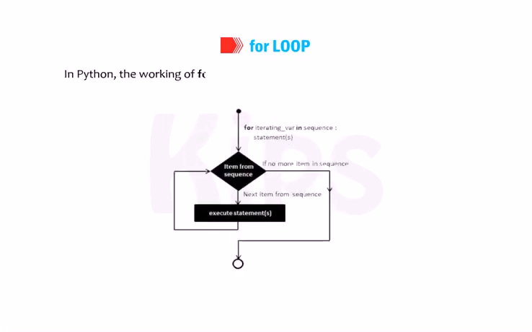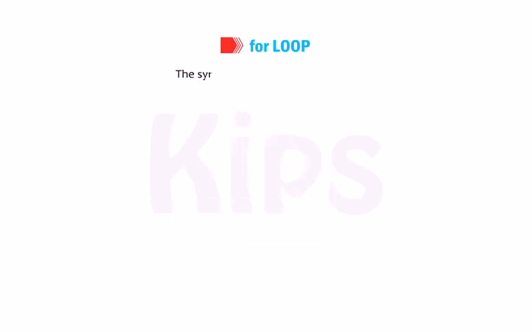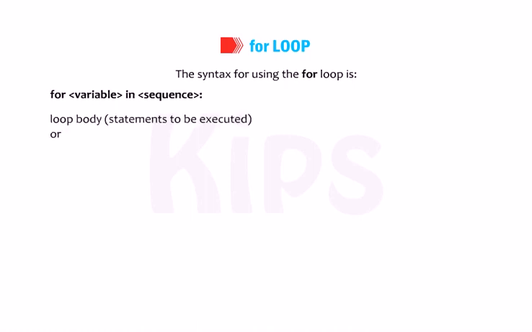In Python, the working of the for loop is based on various operators and functions. The syntax for using the for loop is: for variable in sequence, loop body statements to be executed, or for variable in range.